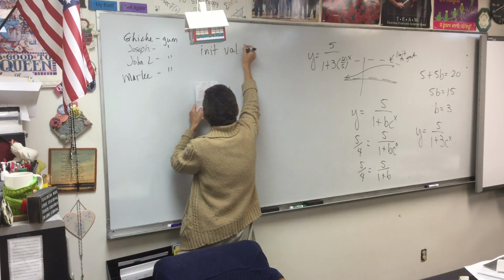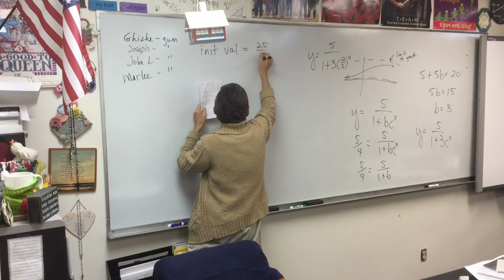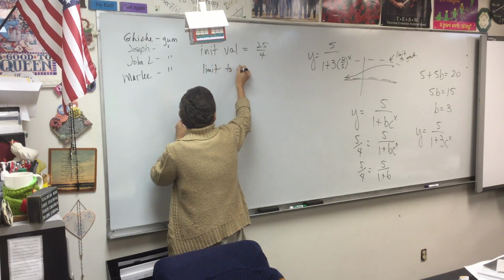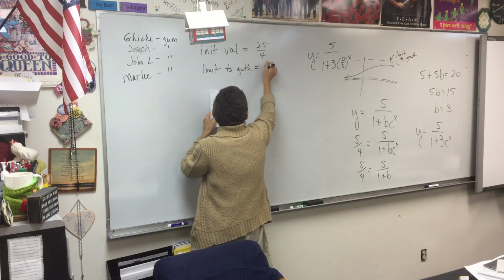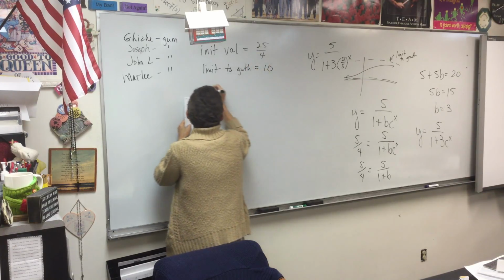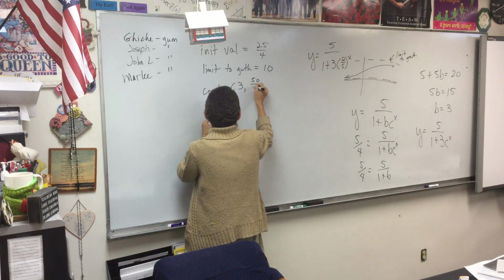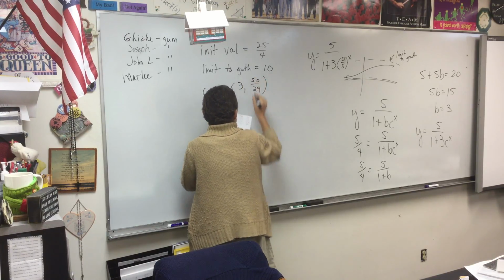The initial value is 25/4. The limit to growth is 10. And we contain the point 3, 50/29.